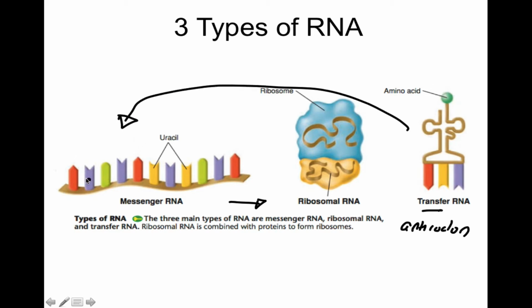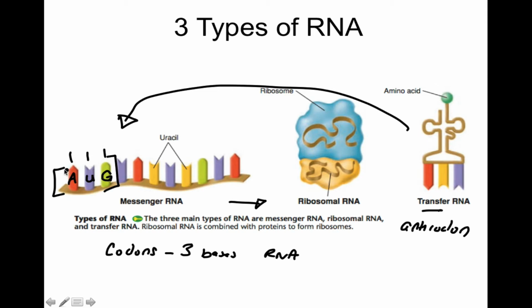So what does that mean? Let's say, for example, on our messenger RNA, we have a codon AUG. So a codon is 3 bases of RNA. So transfer RNA is going to have the anticodon. In other words, if I were to bring this tRNA over here, it's going to have the complementary base pair.